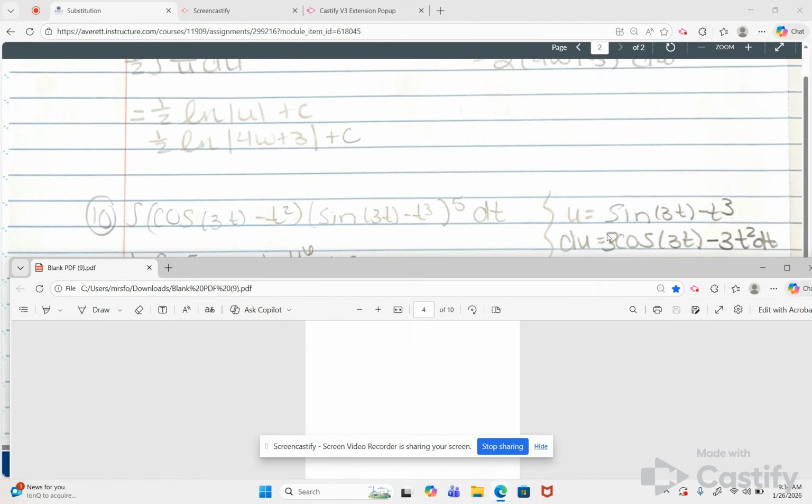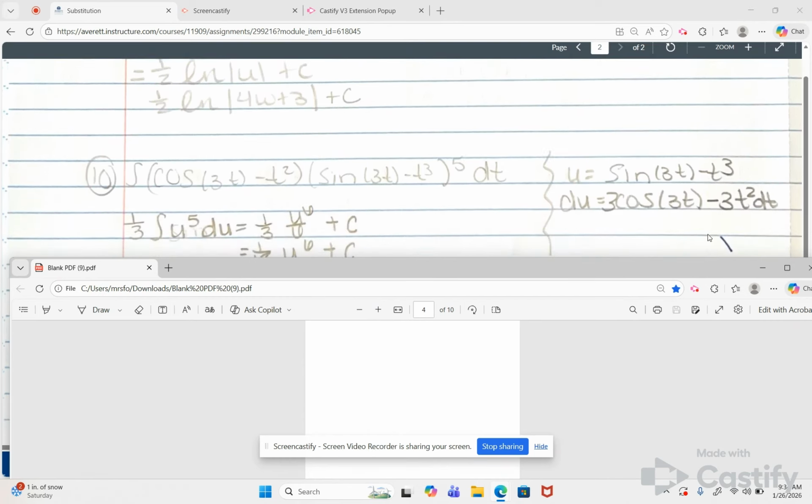Now, if you're like, oh, what did we do here? We applied the chain rule. So because this is a composition, you had to pull the 3 on the outside. Now, if you look at this, the cosine of 3t is here, but this 3 on the outside's not. Well, the t squared is here, but the 3 is not. So we have a multiple of 3 that we can pull out.